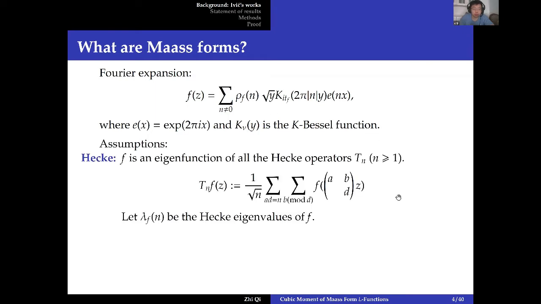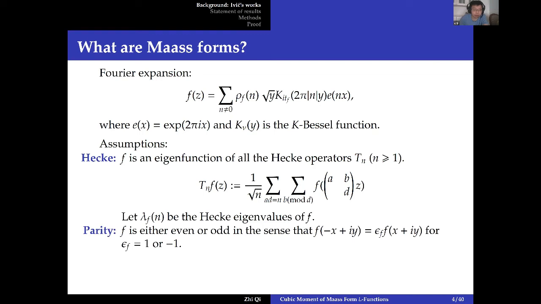All right, and we are also going to make some arithmetical assumptions. First of all, the Hecke operator defined in this way, and we're going to assume these f's are Hecke eigenfunctions, and the Hecke eigenvalues will be denoted by lambda Fn. Another simple condition is the parity condition.